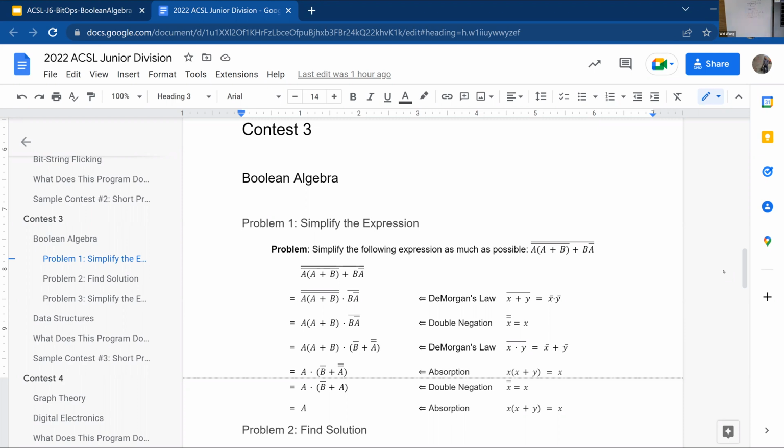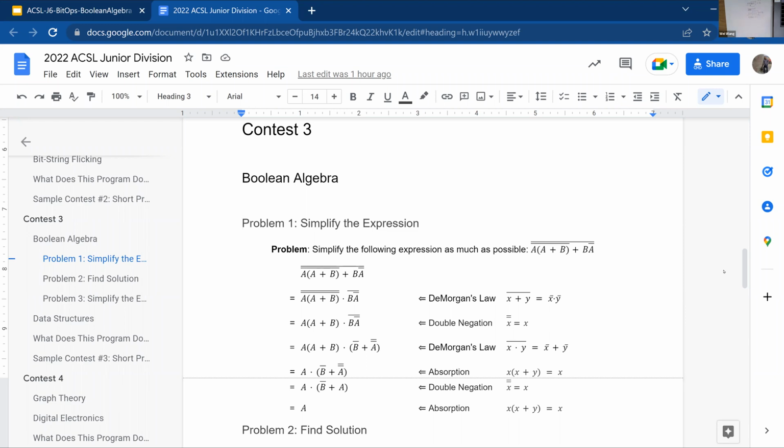The absorption law is: X and (X or Y), drop this part, and the result is X. So this part becomes A. And now we can use the double negation law on this part, on this A, so not not A becomes A. And this, again, we use the absorption law on this whole thing.